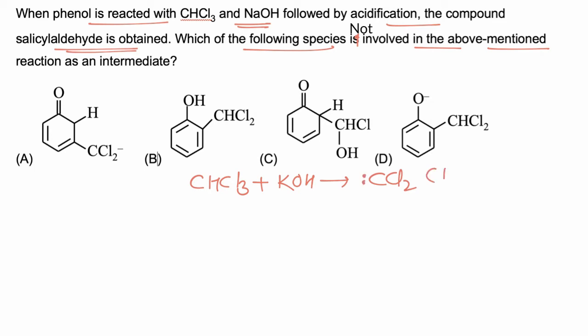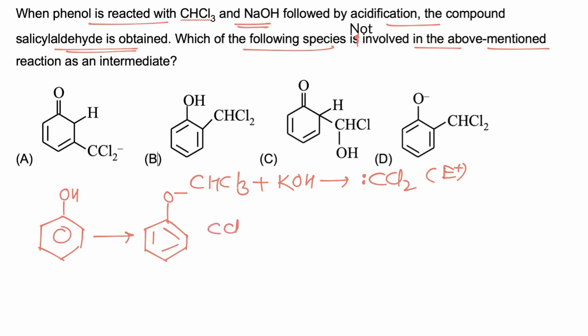Now this dichlorocarbene acts as an electrophile. Phenol in basic medium gets converted to phenoxide ion. Now this phenoxide ion acts as a nucleophile and dichlorocarbene acts as an electrophile.